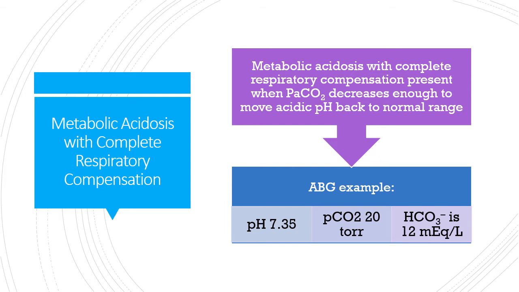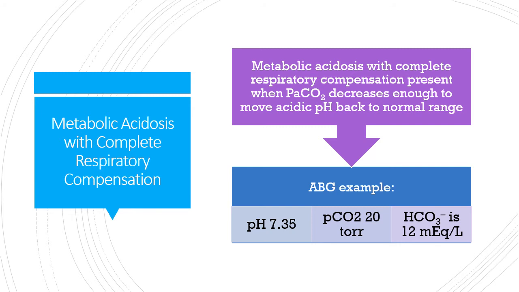Metabolic acidosis with complete respiratory compensation is present when the PaCO2 decreases to the point that the acidic pH moves back into the normal range. Fully compensated metabolic acidosis on ABG would have a pH of 7.35, a CO2 of 20 torr, and a bicarb of 12.